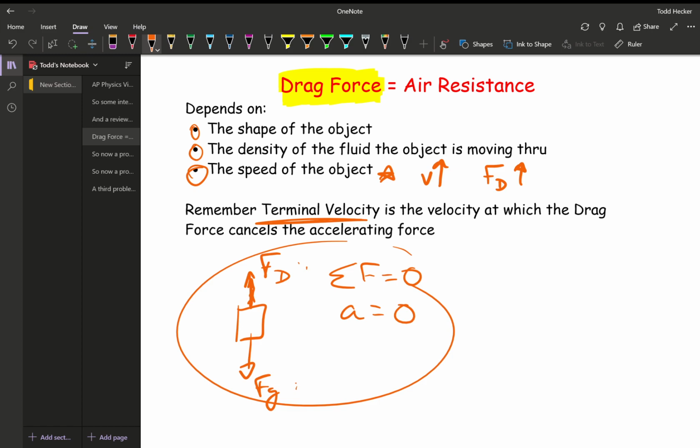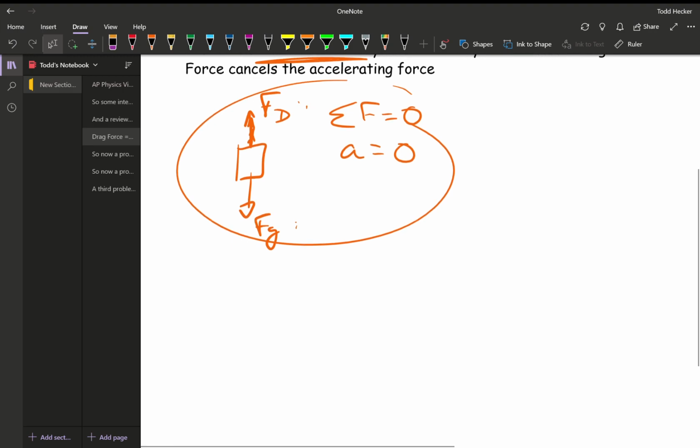So this year, it turns out that because the shape of your object doesn't really change and the density of the fluid that your object is moving through doesn't change, we can usually express our drag force in one of two ways, all right? And these are how the problems are always set up on the AP test, all right?